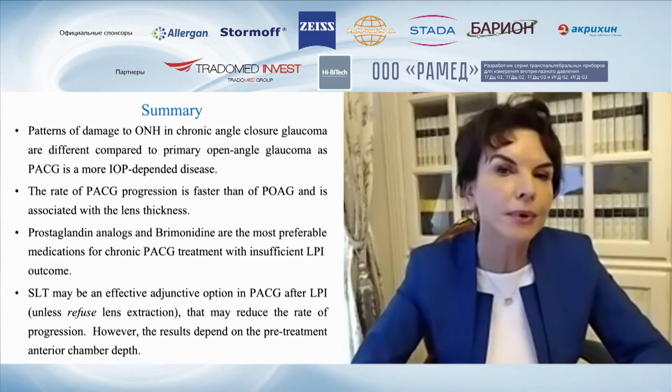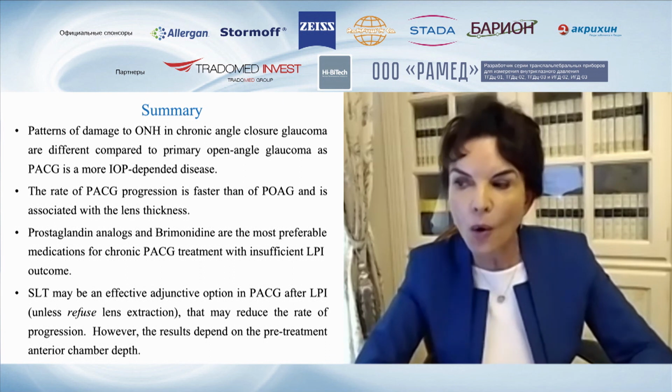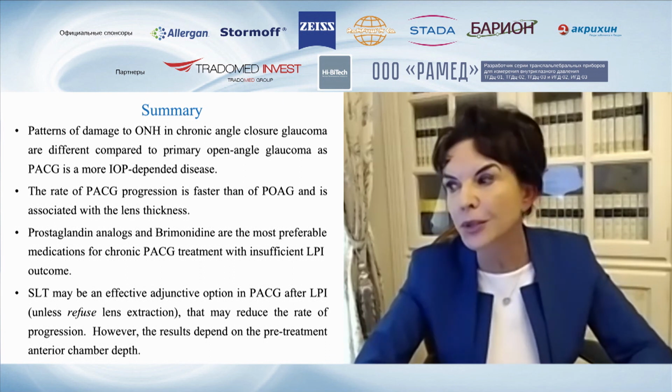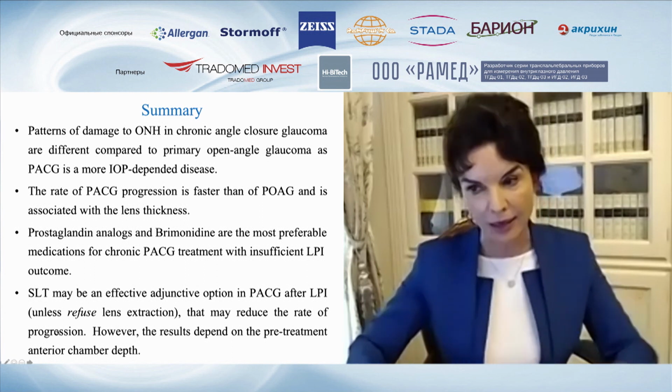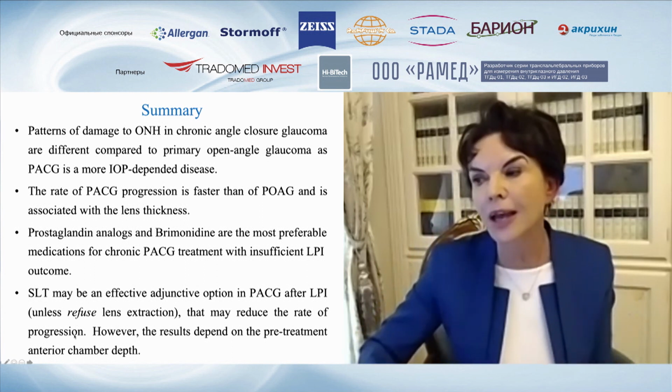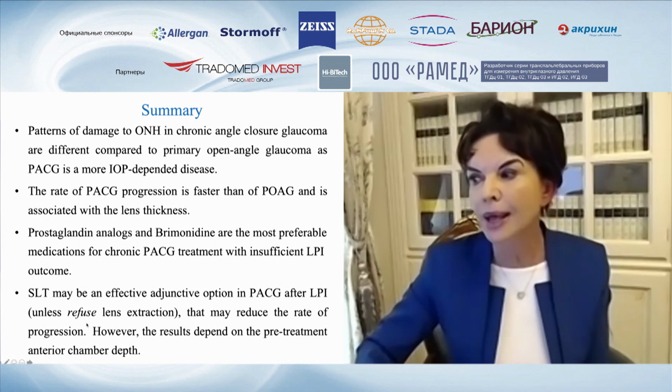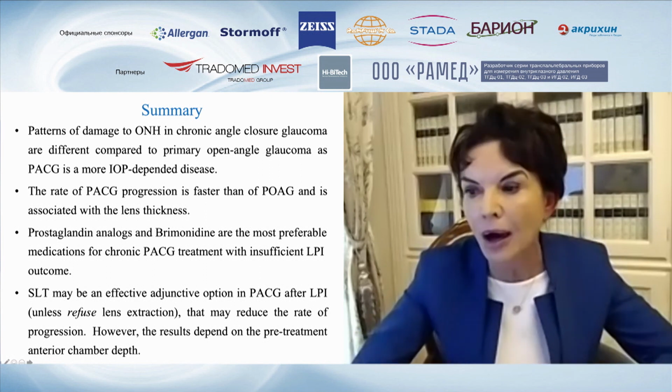Prostaglandin analogs and brimonidine are the most preferable medications for chronic primary angle closure glaucoma treatment with insufficient LPI outcome. And SLT may be an effective adjunctive option in primary angle closure after LPI, unless patients refuse lens extraction, that is more important. That may reduce the rate of progression. However, the results depend on the pre-treatment anterior chamber depth.